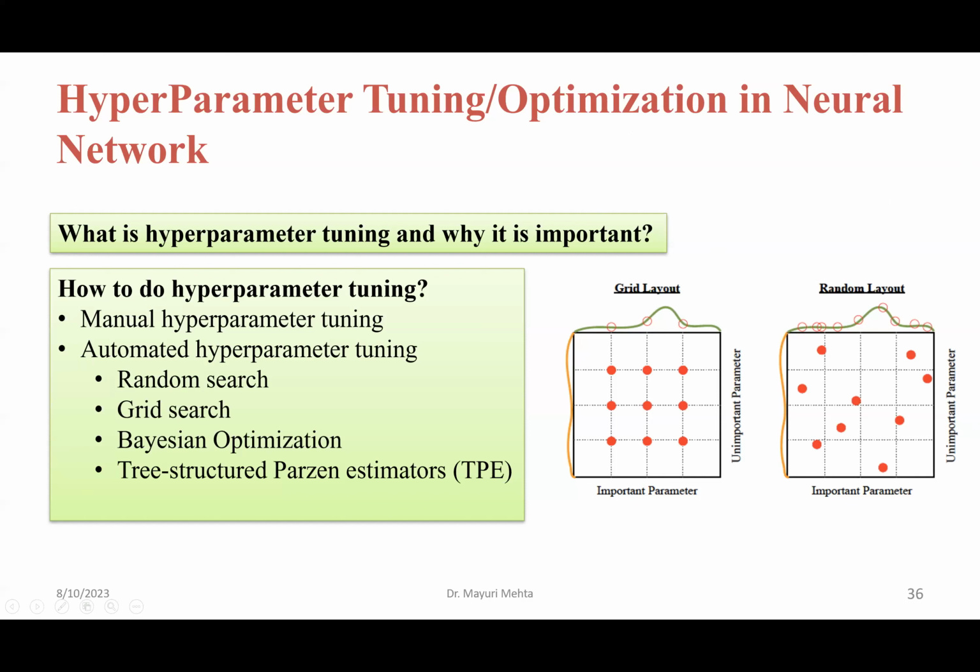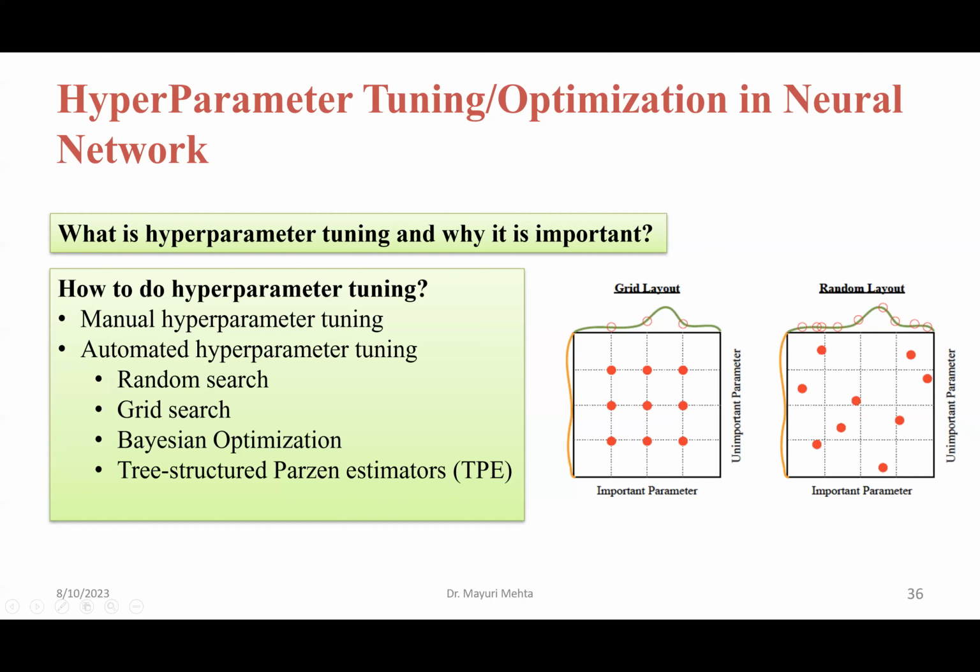Okay, now about the different hyperparameters. The first hyperparameter is the number of hidden layers. So the question is how to choose the number of hidden layers when we are formulating a neural network for a given real life problem.